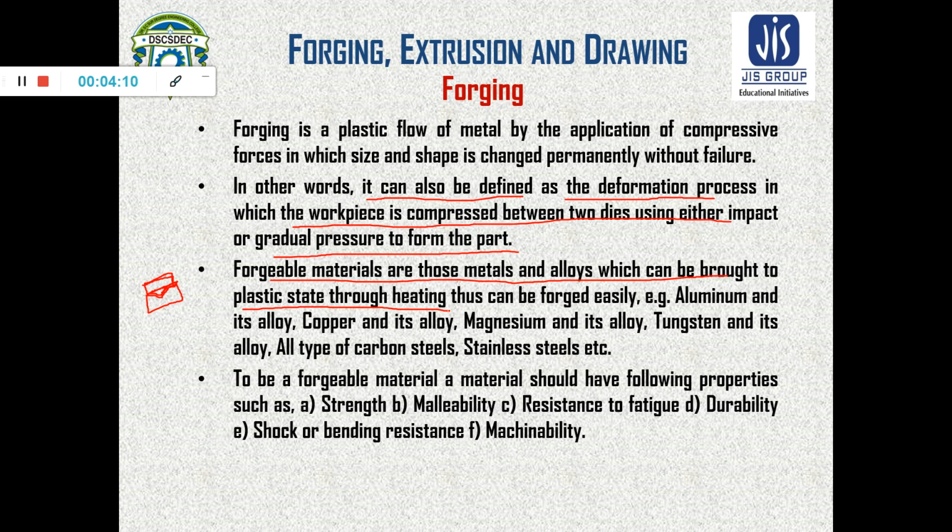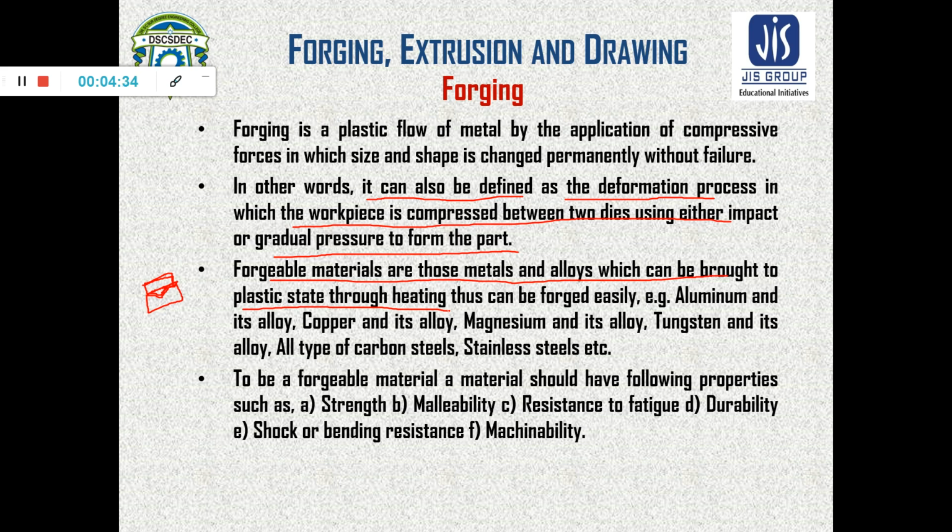So in forging, what is done first? The metal is heated until a red hot condition is achieved. After that, compressive force by gradual or impact application is given to the job, so that our desired product can be made.